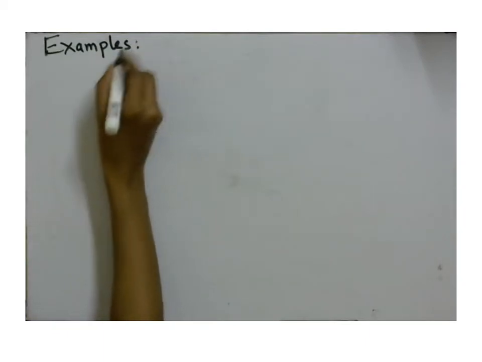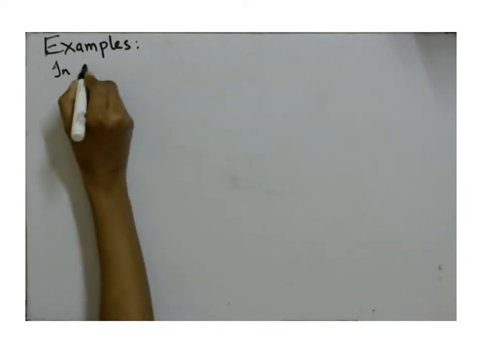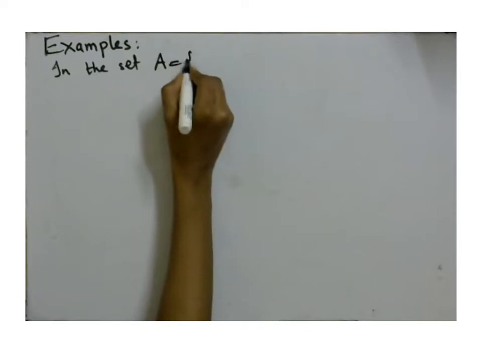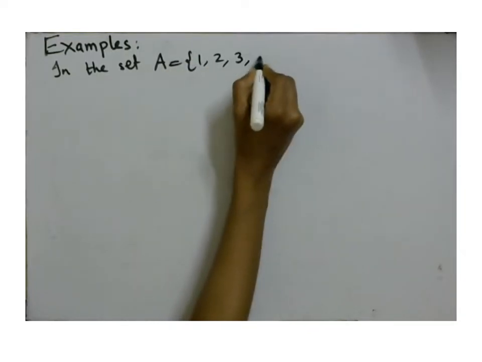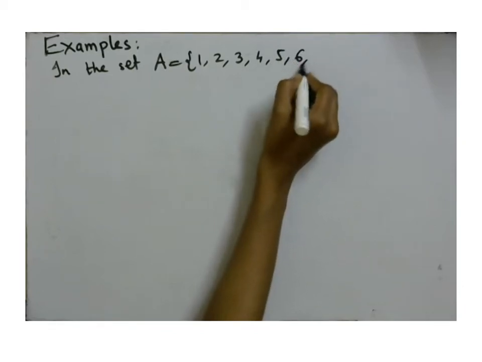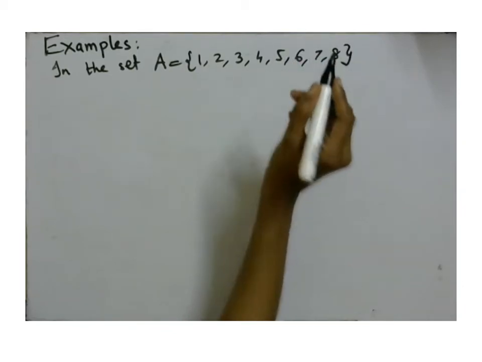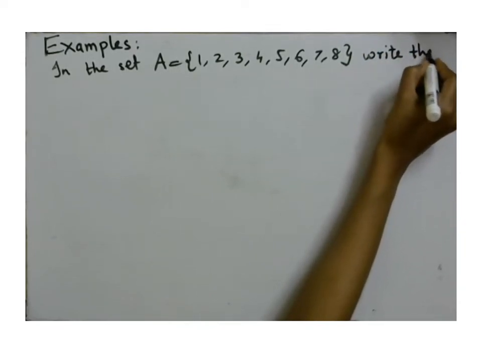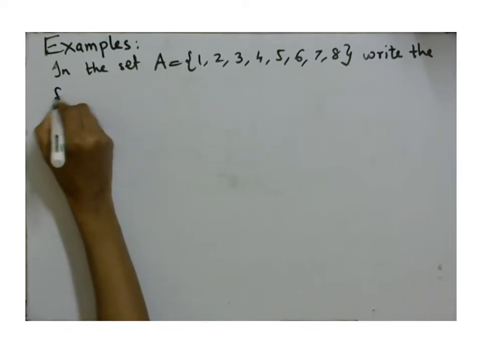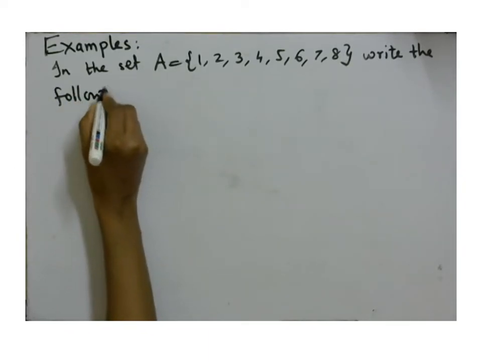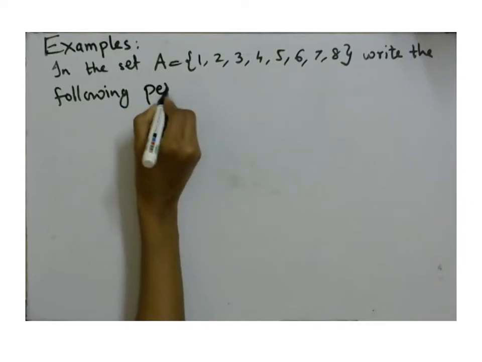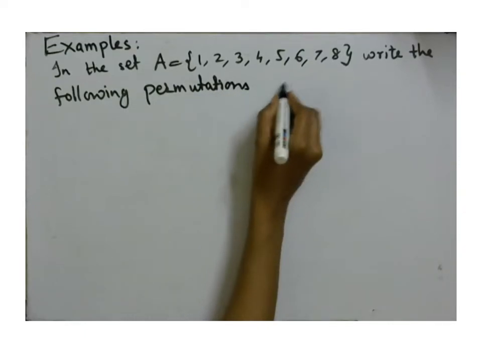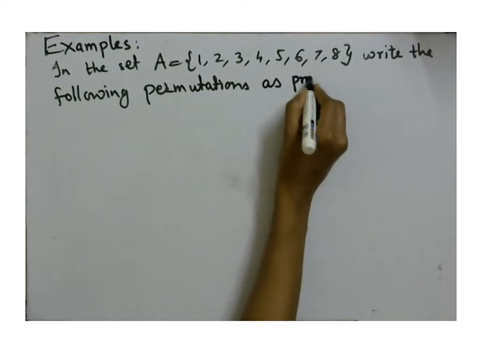So the question is, in the set A equal to {1, 2, 3, 4, 5, 6, 7, 8}, write the following permutations as a product of disjoint cycles.